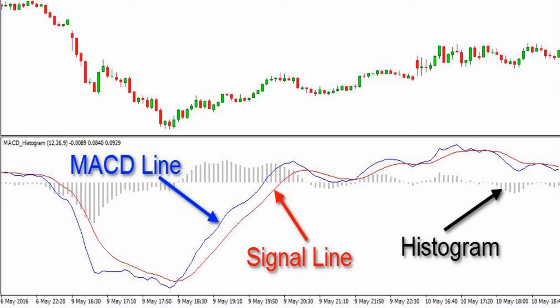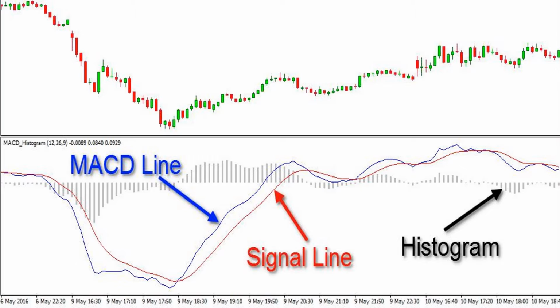And by default, it's the difference between the 12-period exponential moving average and the 26-period exponential moving average. This means that the MACD line is basically a complete moving average crossover system by itself. The MACD line fluctuates above and below a zero level as the invisible exponential moving averages converge, cross, and diverge.